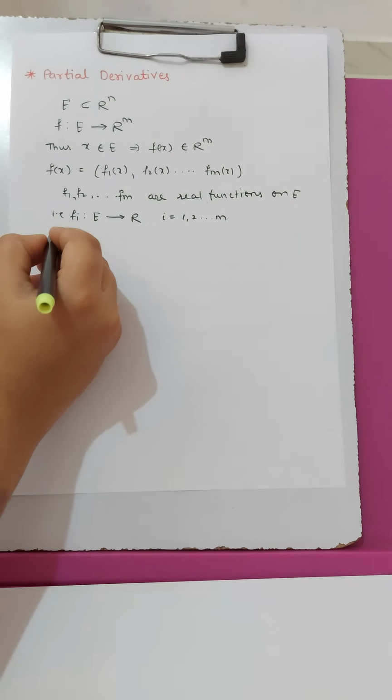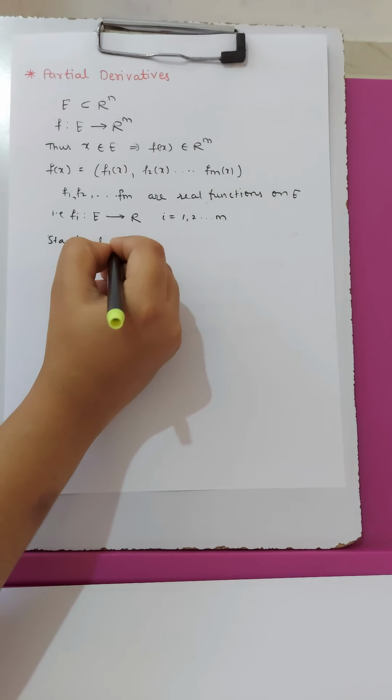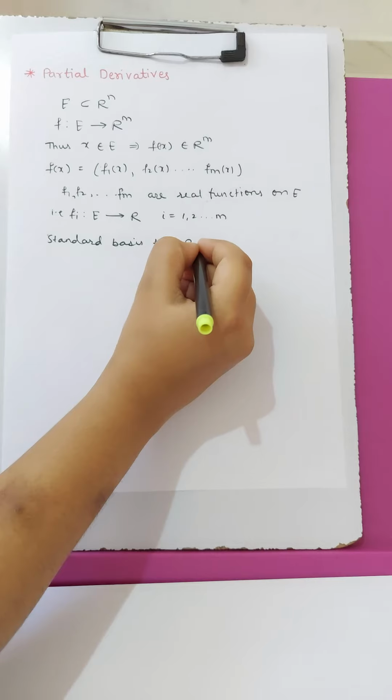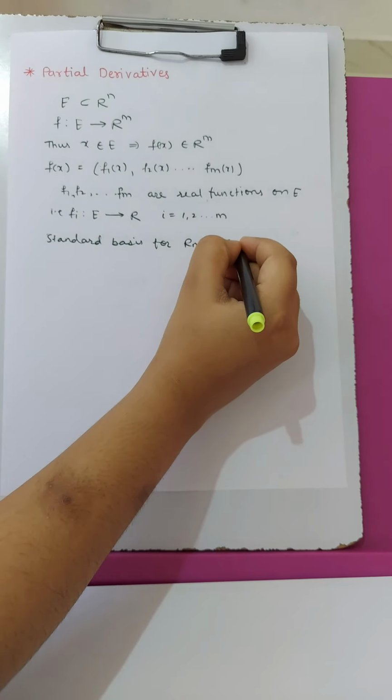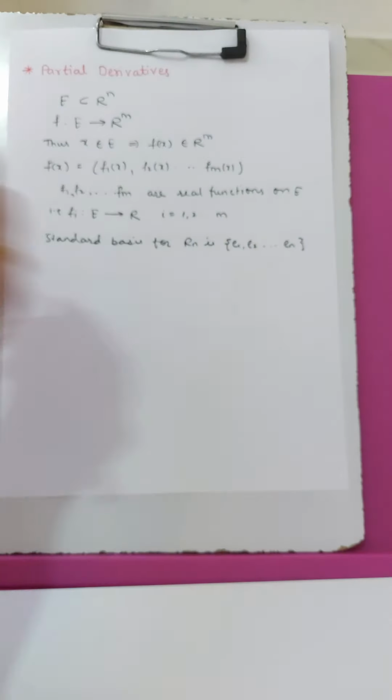Now we know that the standard basis for Rn is denoted as e1, e2 up to en.